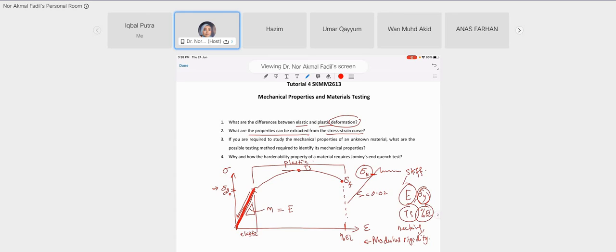Young modulus, yes. Sometimes we talk about Young modulus, sometimes we say modulus of rigidity, the stiffness value. Stiffness, we also use the E value.